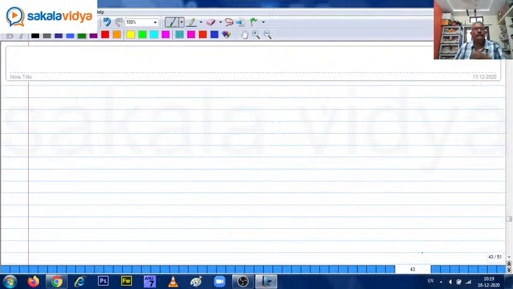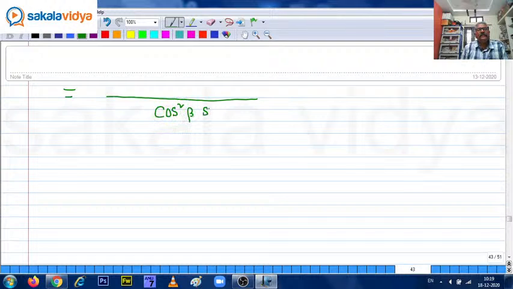See, now we have the LCM. What is the LCM we get here? Cos square beta and sin square beta.